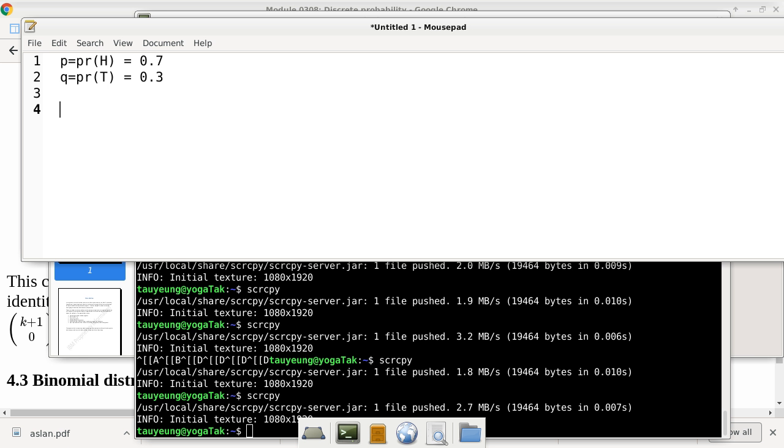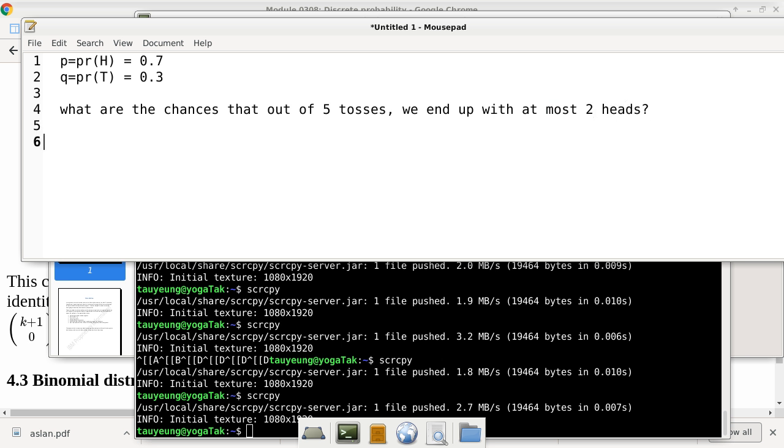Now the question is, what are the chances that out of 5 tosses we end up with at most 2 heads? If someone says, do you want to place a bet?